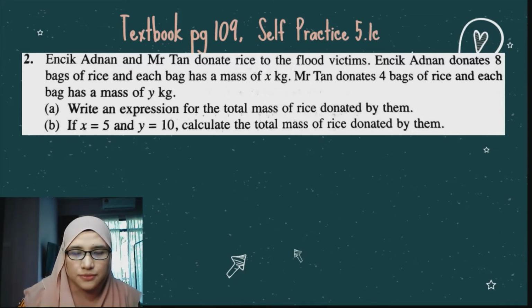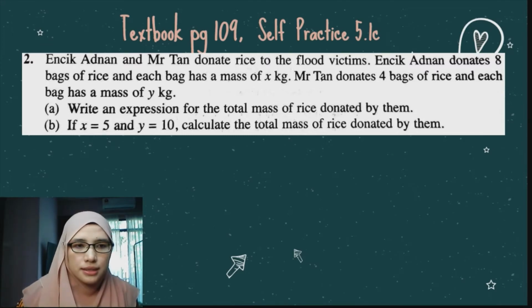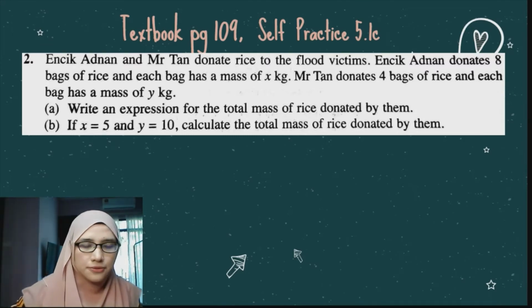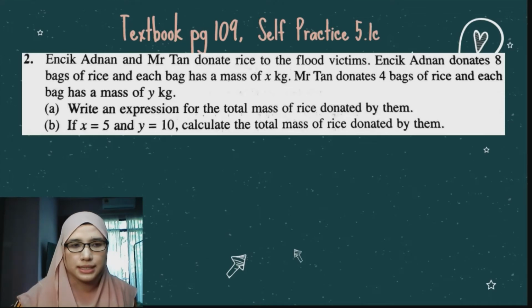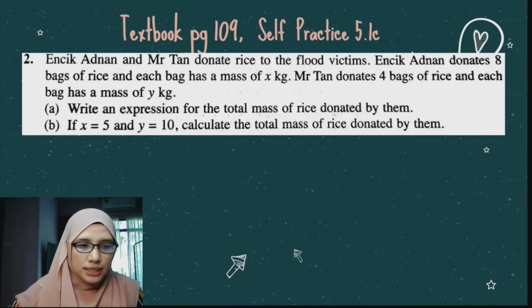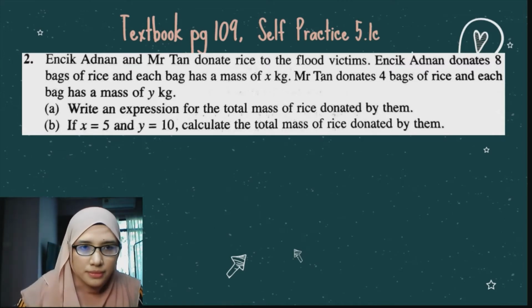Mr. Tan donates 4 bags of rice and each bag has a mass of Y kilogram. A. Write an expression for the total mass of rice donated by them. And B. X is 5 and Y is 10.